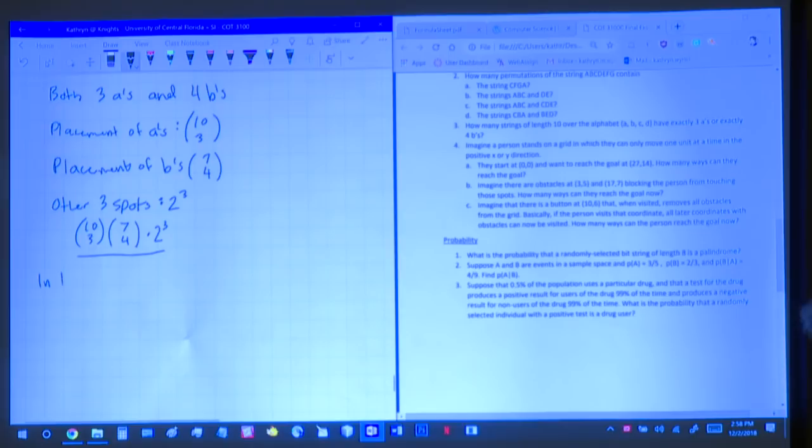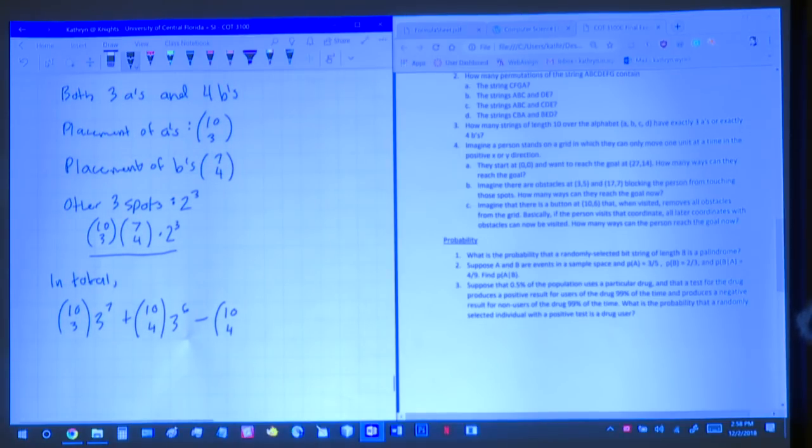So in total, 10 choose 3 times 3 to the 7th plus 10 choose 4 times 3 to the 6th minus 10 choose 3 times 7 choose 4 times 2 to the 3rd.